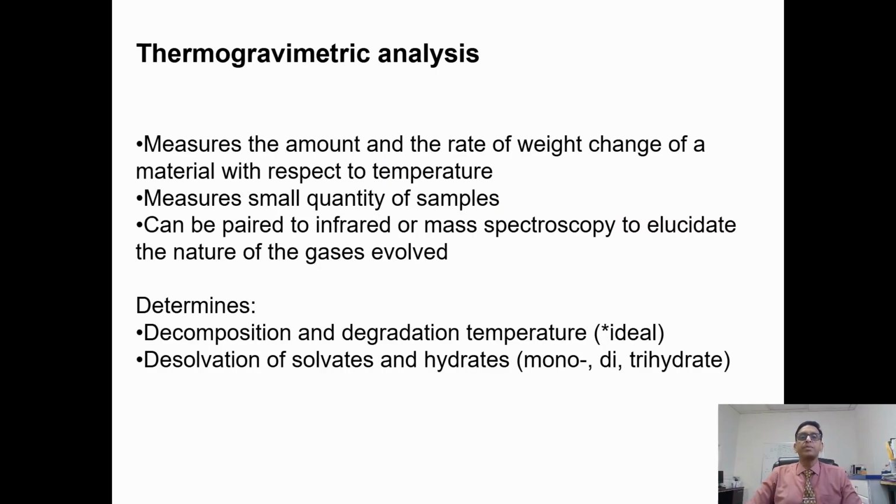In case of thermogravimetric analysis, it measures the amount and the rate of weight change of a material with respect to temperature, and a small quantity of sample can be used in this study. It can also be paired with infrared or mass spectroscopy to elucidate the nature of the gas evolved and determine the decomposition and degradation temperature.